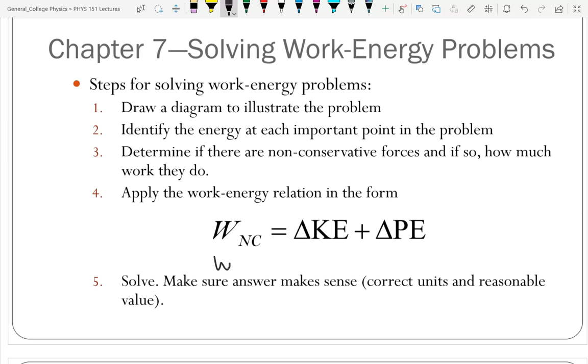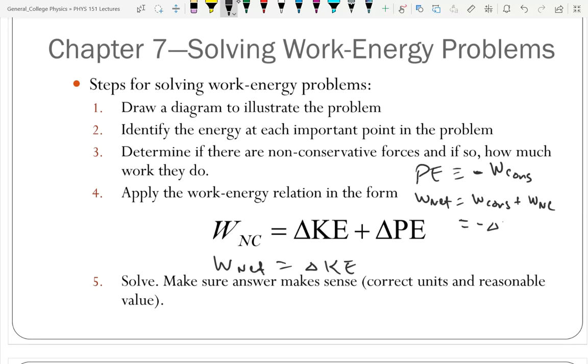The other form is work net is equal to change in kinetic energy. Remember, potential energy is defined as, those three lines mean defined as, minus the work conservative. And so if work net is equal to work conservative plus work non-conservative, then that's equal to minus change in potential energy plus work non-conservative.